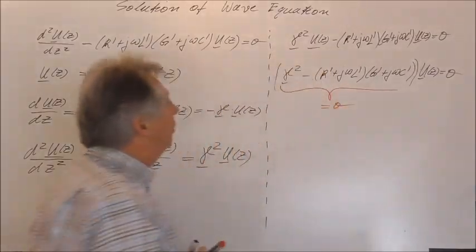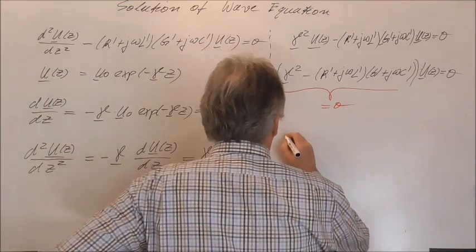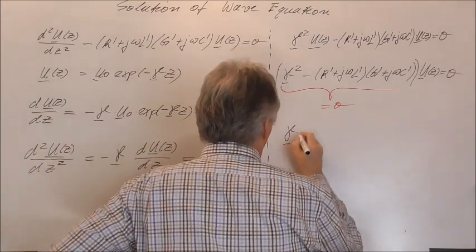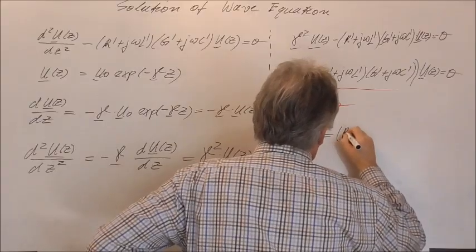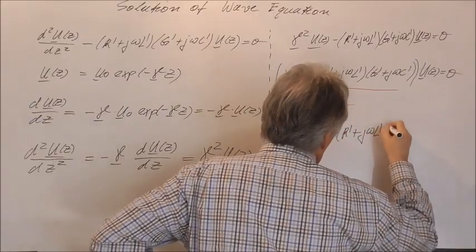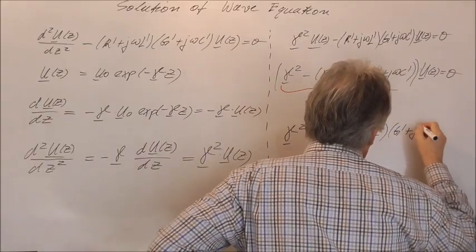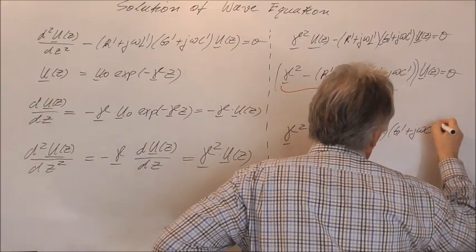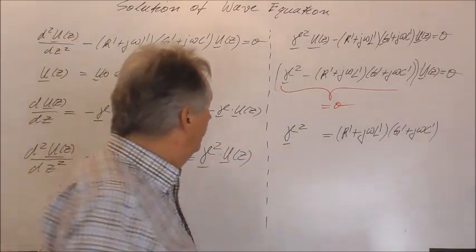This is a so-called non-trivial solution, and we see now that gamma square must then be equal to r prime plus j omega L prime times g prime plus j omega c prime. And of course we can take the square root of it.